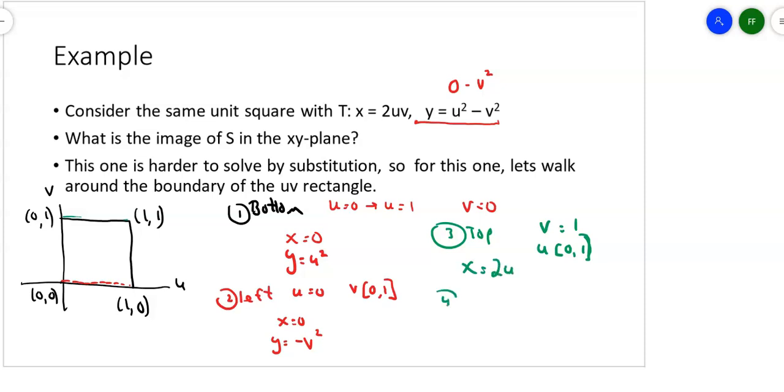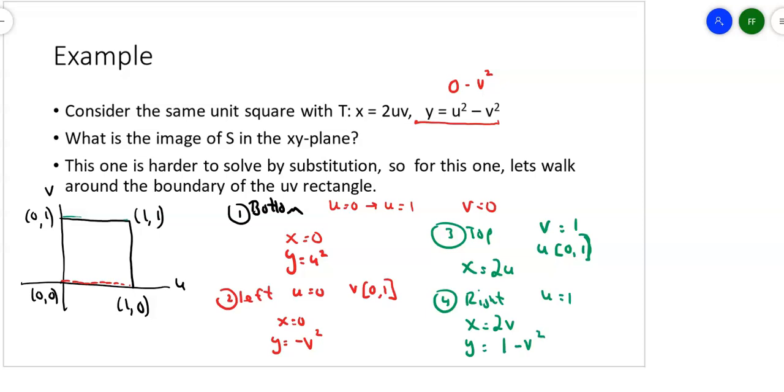And now, go along the right side. Okay. On the right side, u is equal to 1. So if I let u be 1, now my x's are equal to 2v, and my y's are equal to 1 minus v squared.